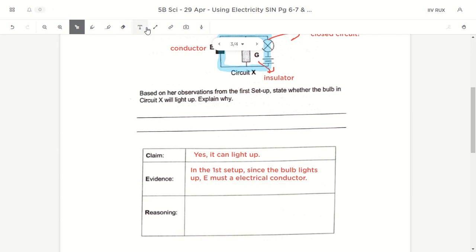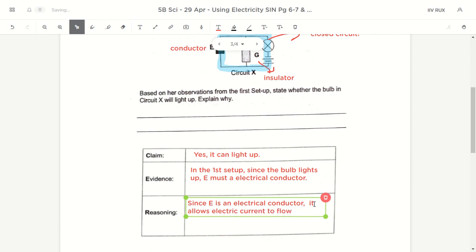So how do I know that the bulb in X will also light up? Because since E is an electrical conductor, it allows electric current to flow through it.